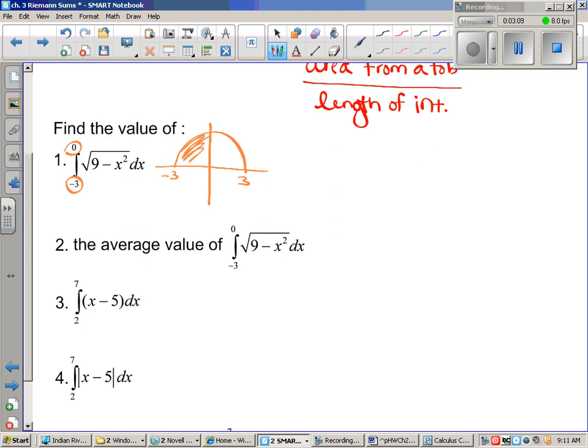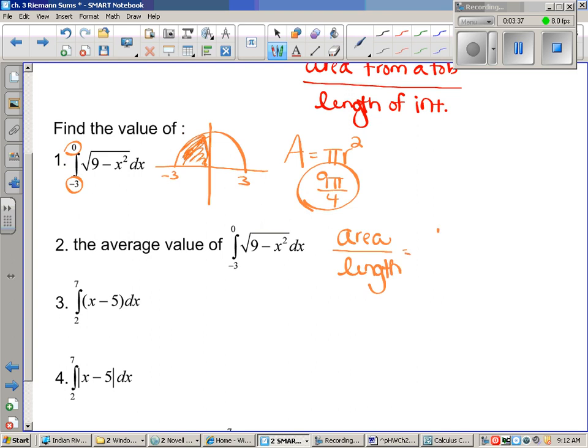Now what this is asking for, though, is from -3 to 0. So it wants this section of that circle. We know the area of a circle is pi r squared, and so 9 pi would be the whole circle, and this area would actually be 9 pi over 4. Are we good with that? All right, if it asks for the average value, I would take the area divided by the length of the interval.